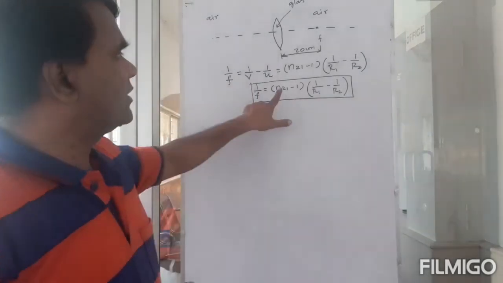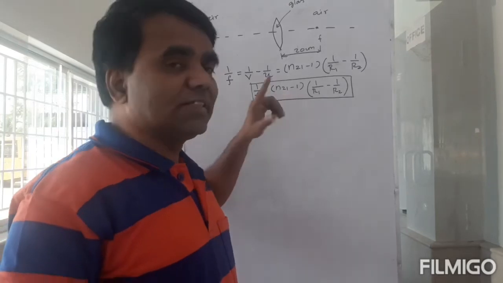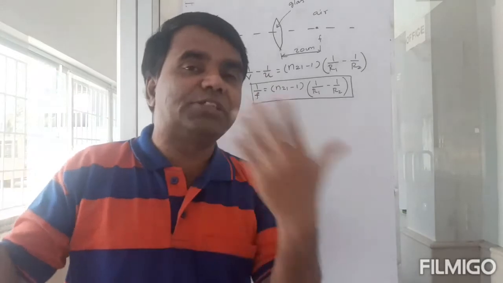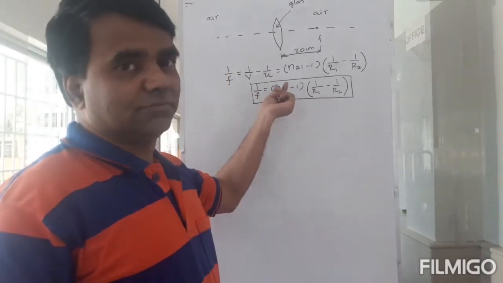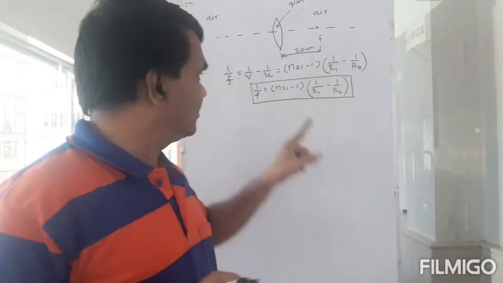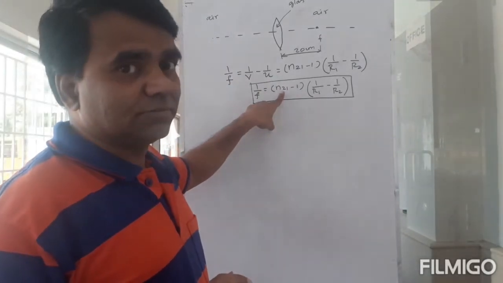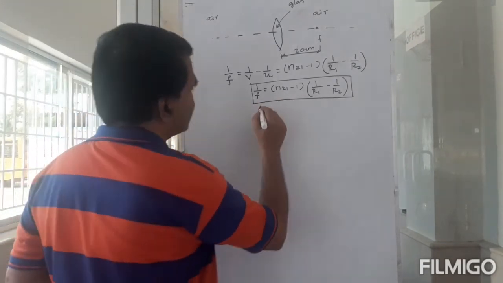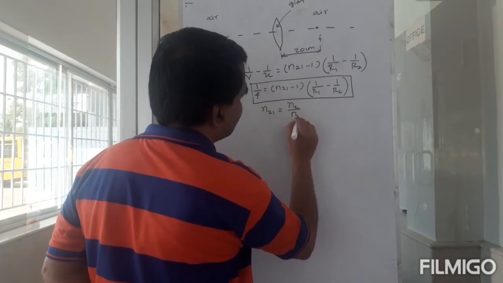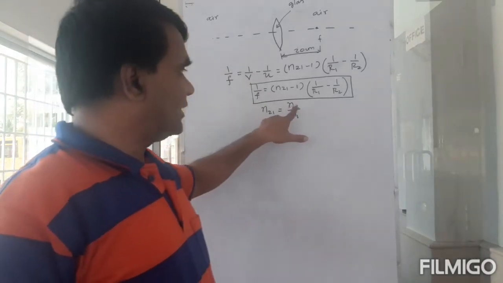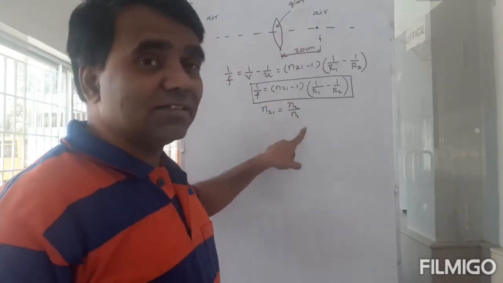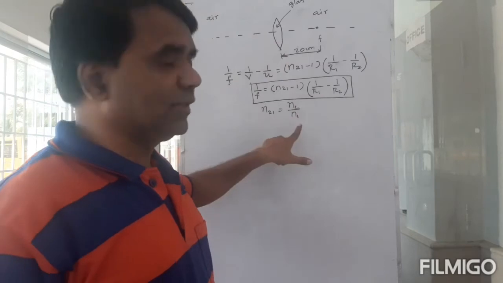Look at this. What is this N21? That is the refractive index of the second medium with respect to the first medium. So if the first medium changes, then this will also change. Instead of air, if the first medium is water, then you will have a different number for this. Why? Because N21 is simply N2 by N1. N2 is the refractive index of glass with respect to vacuum, and N1 is the refractive index of air with respect to vacuum.